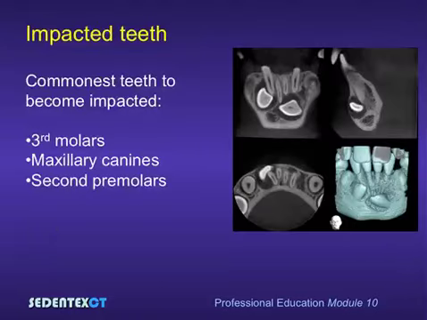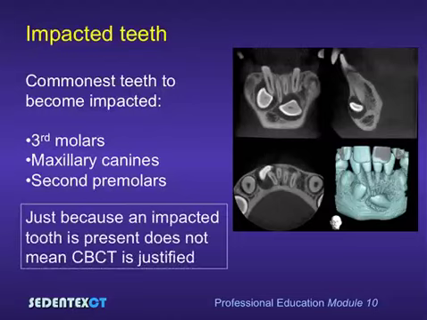One of the commonest of all uses of cone beam CT in the dental region is the assessment of impacted teeth. As we know, the commonest teeth to become impacted are third molars, maxillary canines, and second premolars. However, just because an impacted tooth is present in the patient does not mean a cone beam CT is justified.